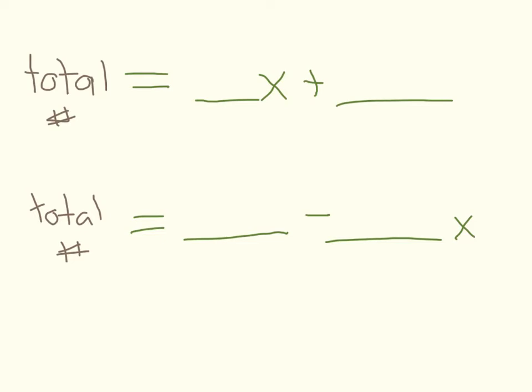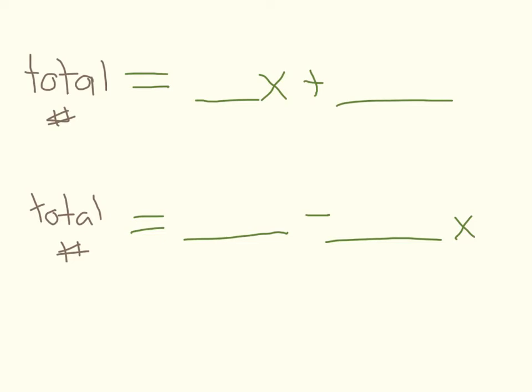You're just going to have to look at the problem and look for those keywords that mean addition or subtraction. Typically, when it's addition, your term with the x will be first. It could be either way, I mean, you can add in any order. And typically, when you have subtraction, your term with the x is last. It's just the way that the problems work out most of the time, but for those few cases, you have to pay attention.